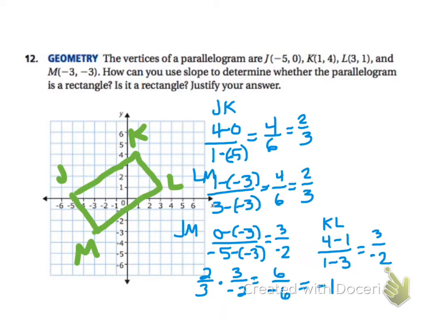Remember, the product of perpendicular lines is negative 1. So you can see 2/3 and 3 over negative 2 or negative 3/2 are negative or opposite reciprocals of each other. They are perpendicular, which makes this a rectangle. So you would want to write that it is a rectangle because the opposite parallel sides are perpendicular to the other sides.